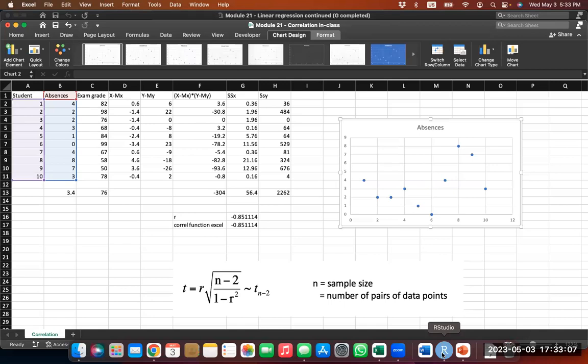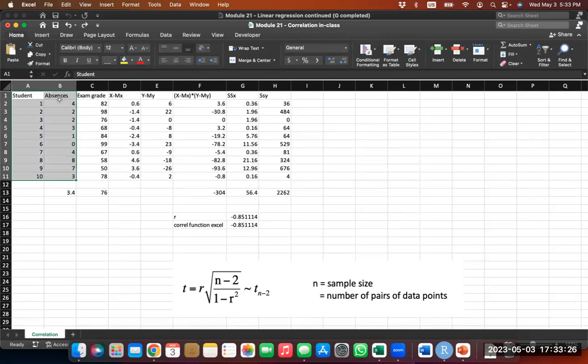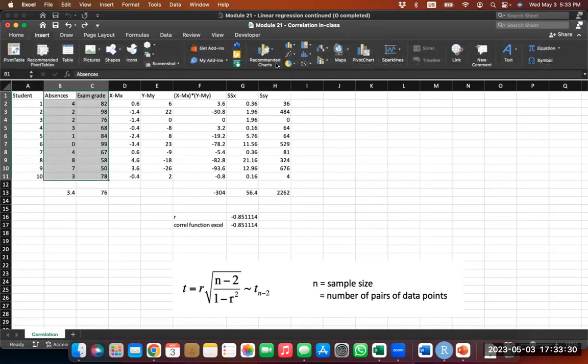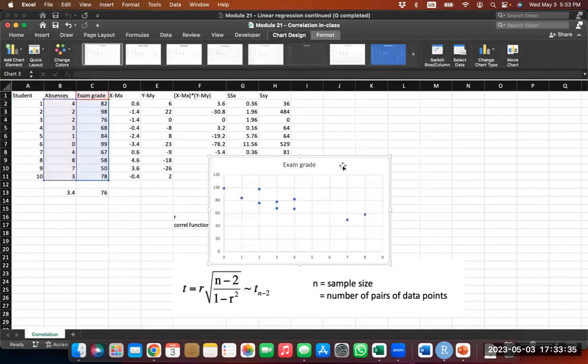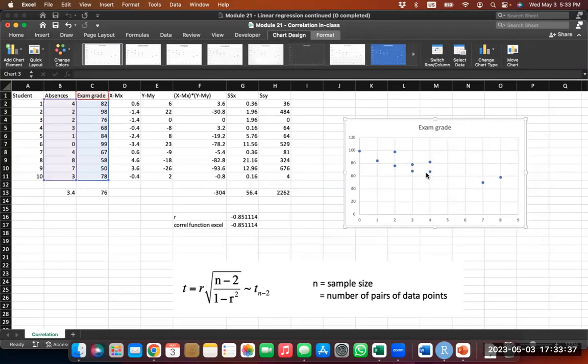This is the same example, the Excel spreadsheet we did in module 21, with absences as a function of exam grades. Keep in mind, whenever you do a scatter plot, the first column will always be the x-axis, whereas the second one will be the exam grade, or the y-axis, the dependent variable.